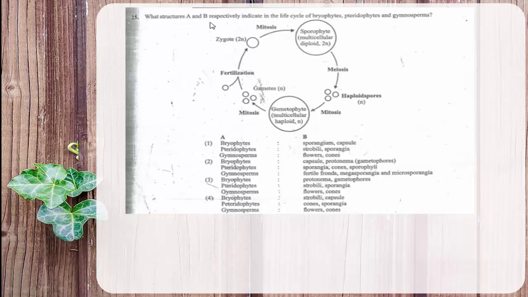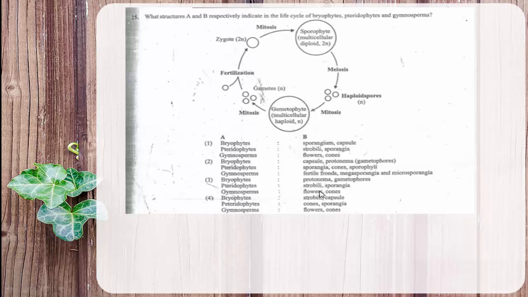What structures A and B respectively indicate in the life cycle of bryophytes, pteridophytes and gymnosperms? You may get little confused with the representation of this life cycle, but try to understand what is the requirement of a question or what is asked in the question. So in one column, the plant groups names are given like bryophytes, pteridophytes, gymnosperms.